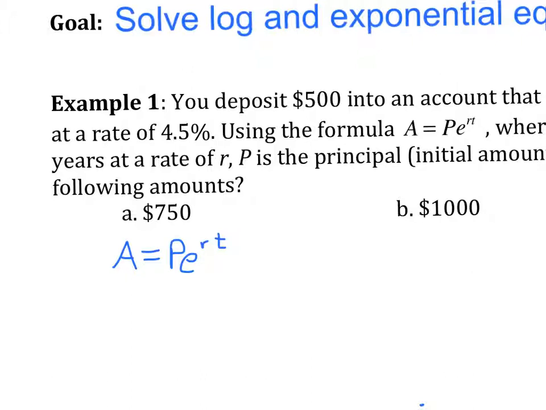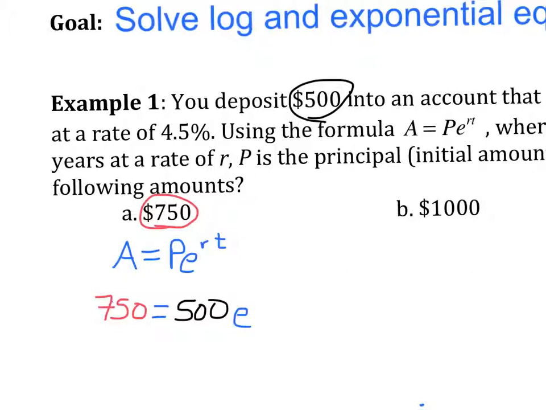So I'm going to plug in. Notice the initial, I don't know what A is. I'm looking for, actually I do know what A is, excuse me. What is A? What's the amount that I want? It's $750. All right, so I want to have $750. My initial amount is $500, so that's P for principal. e is a number. We'll get to it in a minute, but your calculator has it. It's 2.71.